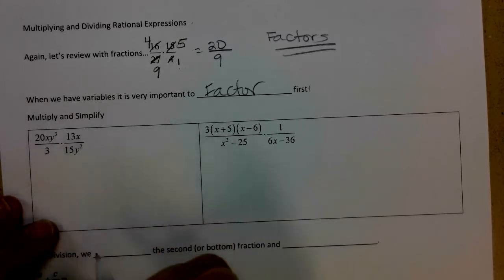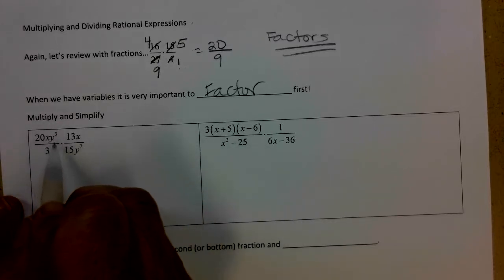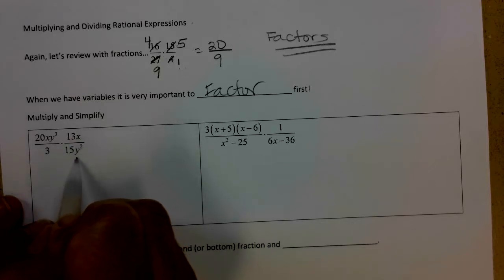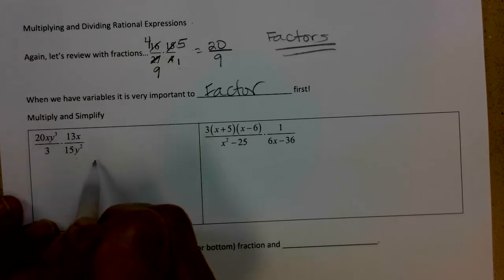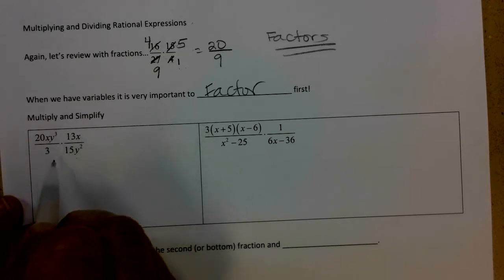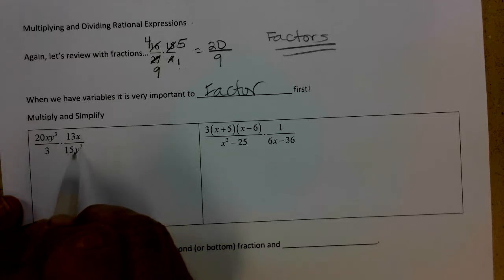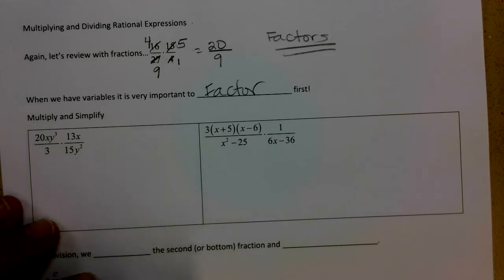So here we go. I have 20xy cubed over 3 times 13x divided by 15y squared. So everybody's multiplying. So now we're just going to look for any factors that are common from the numerator to the denominator. So what do we see?